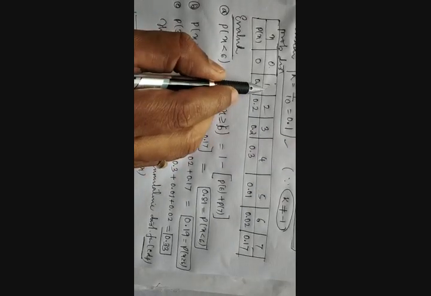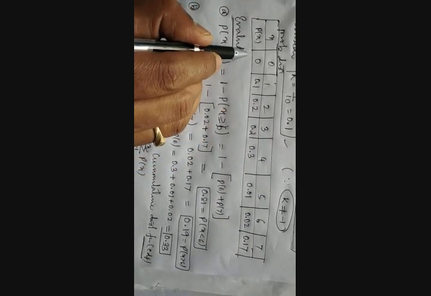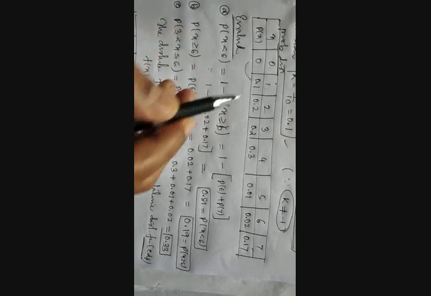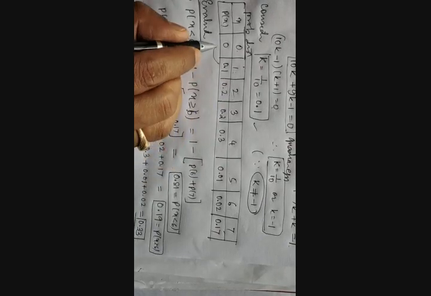When x is 1 means what? Summation of p of x means this plus this. So 0 plus 0.1 is equal to 0.1. Next, x is equal to 2 means this plus this plus this. Two terms are already calculated, so 0.1 plus 0.2 is equal to 0.3. Next, x equal to 3.